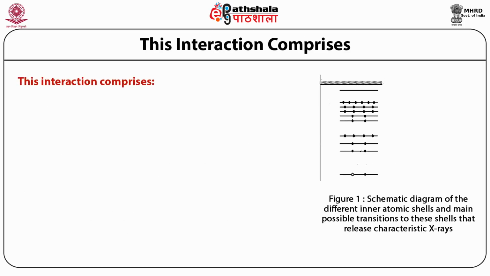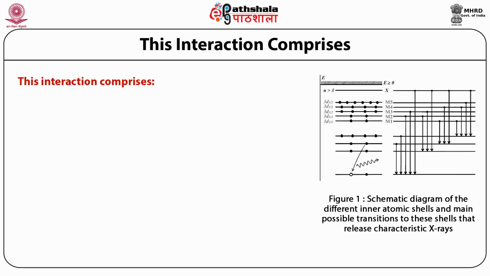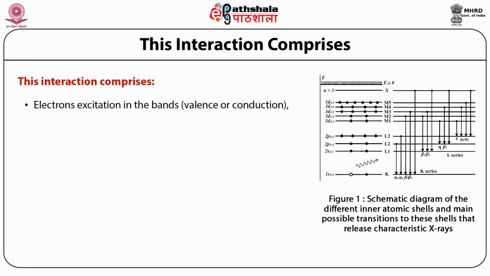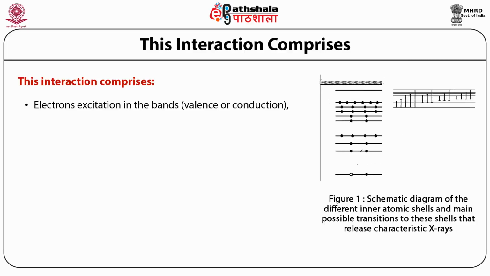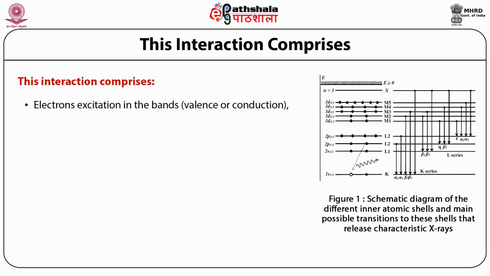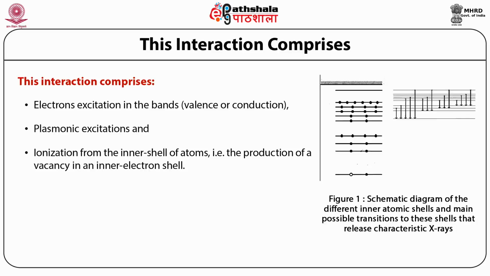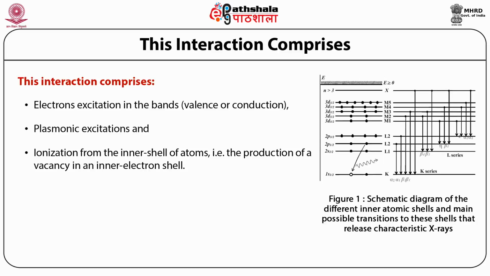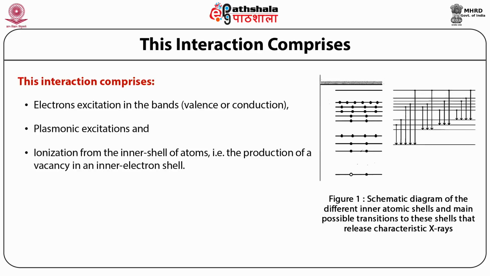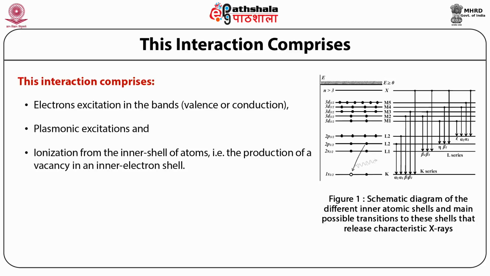This interaction comprises A. the electron's excitation in the bands, which may be either valence or conduction, B. plasmonic excitations, and C. ionization from the inner shell of atoms, that is, the production of a vacancy in an inner electron shell, which is shown in figure 1.